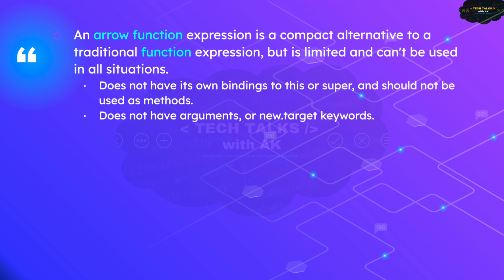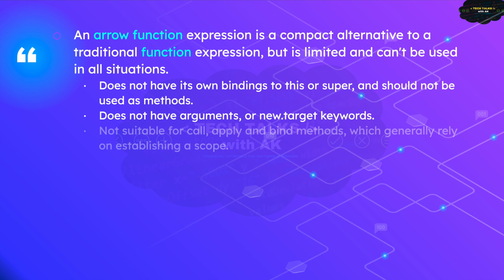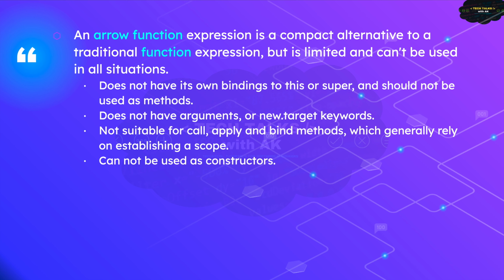Arrow functions do not have arguments or new.target keyword. Arrow functions are not suitable for call, apply, and bind methods, which generally rely on establishing a scope. Arrow functions cannot be used as constructors. Arrow functions cannot use yield within their body.